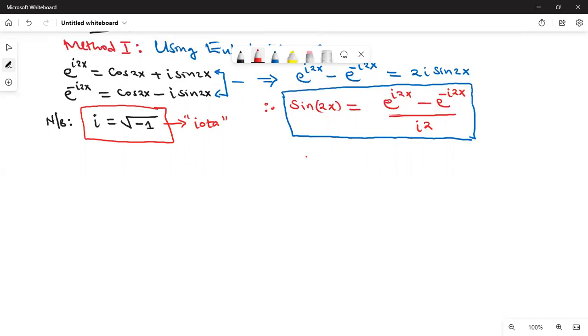Now let's see, how do we raise sine 2x to the power of 6?